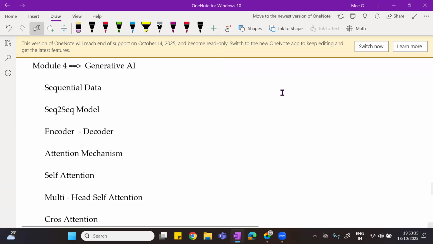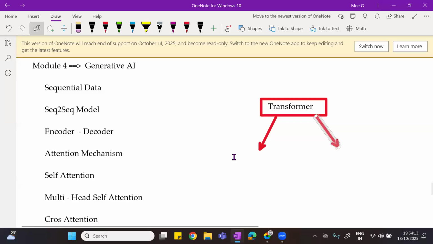The transformer is there. Transformer is like the cause of your generative AI. Now, the transformer has two major parts. One is the encoder, one is the decoder.